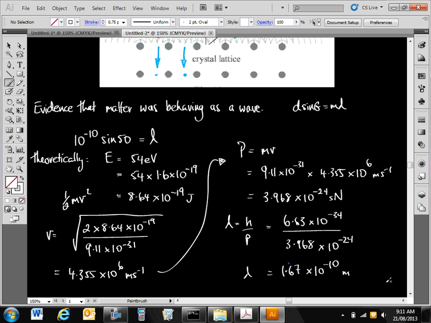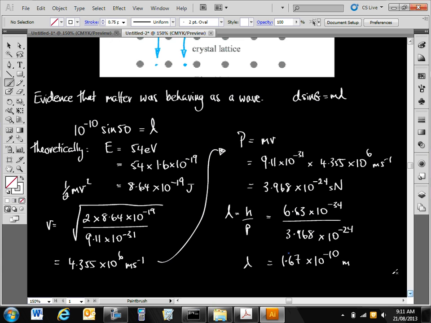That's the de Broglie wavelength, calculated knowing the initial energy of the electrons. Okay, that's what the de Broglie wavelength should be.